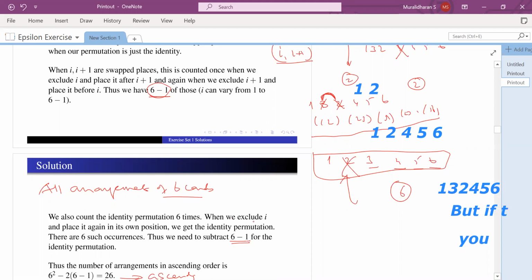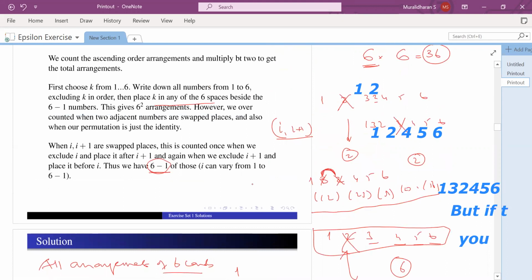If you remove a card from the identity permutation 1, 2, 3, 4, 5, 6 and you put it somewhere else, it will automatically get counted. So what happens is, take all the numbers from 1 to 6 and place each in any of the 6 spaces.